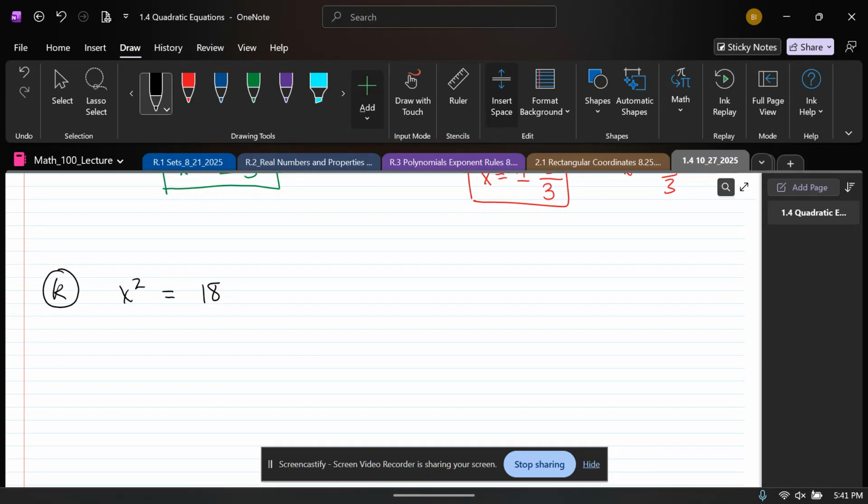Okay. So this looks a lot like the previous example, except that number isn't a perfect square. I can still take the square roots because I've got x squared by itself. I can go ahead and say the square root of x squared is x. And then I'm going to need to simplify the square root of 18.